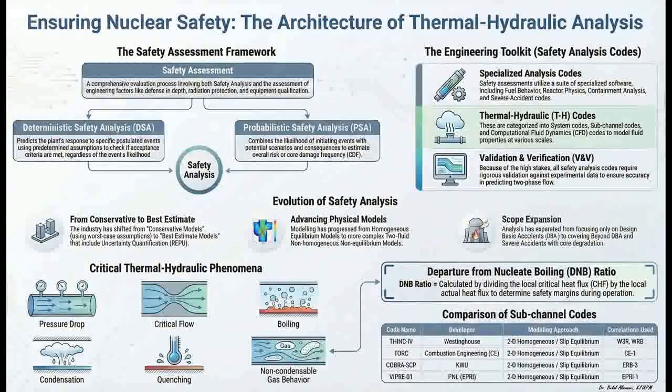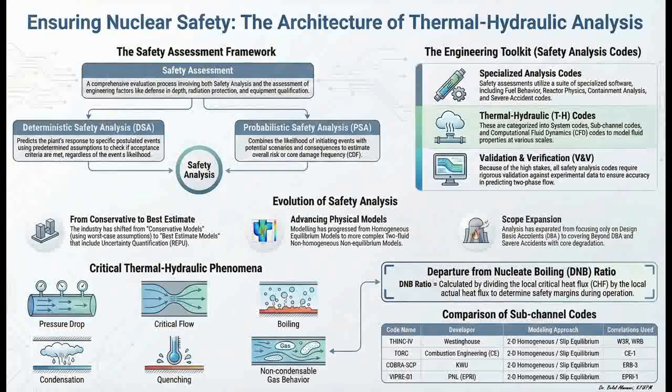If the heat flux pushes past the critical limit, the vapor bubbles generate so rapidly that they coalesce. They physically can't detach fast enough, so instantly a continuous solid film of vapor envelops the entire surface of the fuel rod. And the formation of that vapor film is catastrophic from a heat transfer perspective.